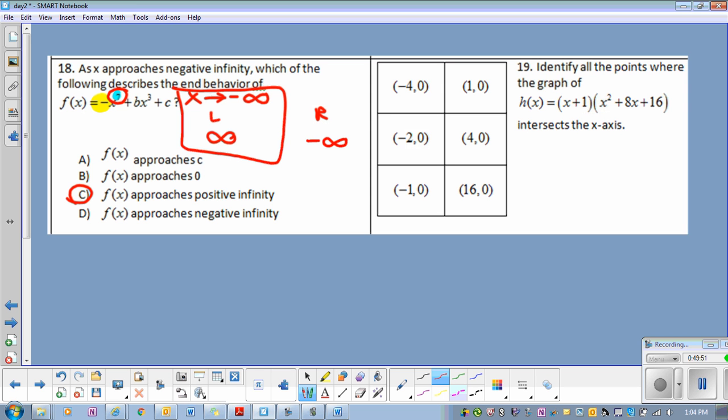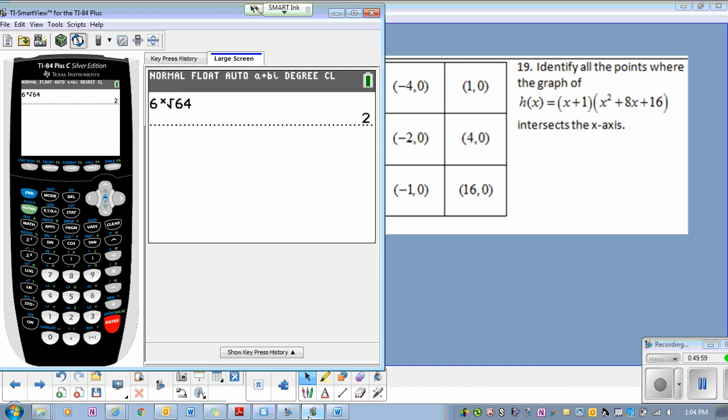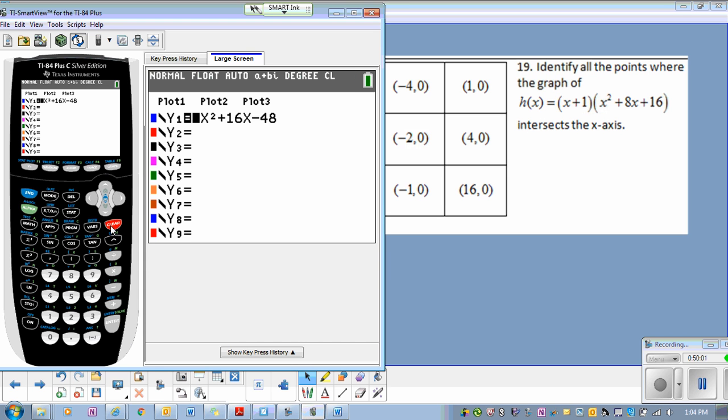One more. All right, identify all the points where the graph of that intersects the x-axis. Okay, graph it. If you look at all of your answer choices, they're all easily distinguishable from a graph. Or you could back it; it doesn't matter.